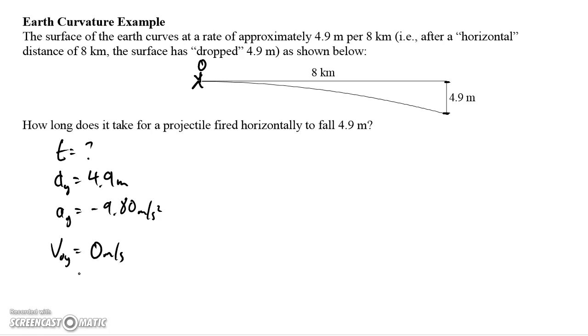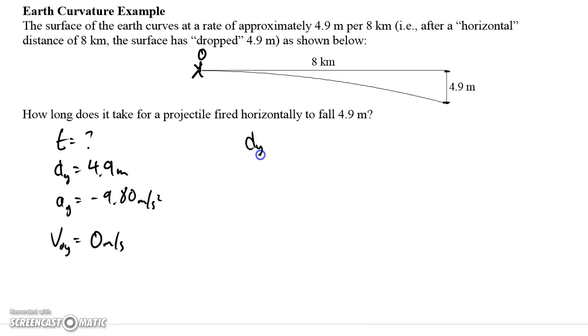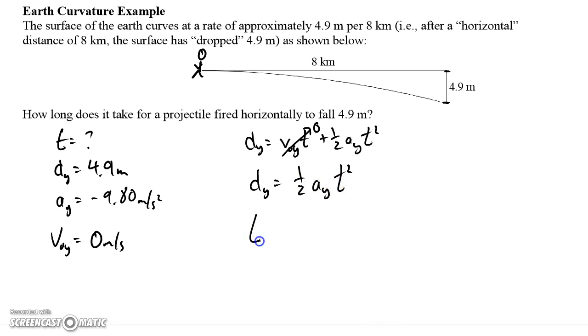What we're looking for is time. So if we use our equation dy equals v naught y t plus 1/2 ay t squared, this part goes to 0 because the v naught y is 0. We get dy equals 1/2 ay t squared. Rearrange for time: t equals plus or minus the square root of 2 dy over ay.